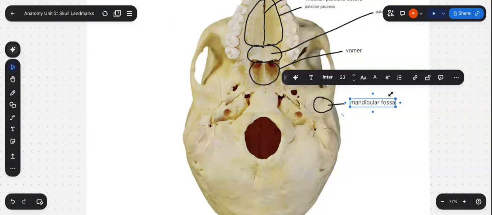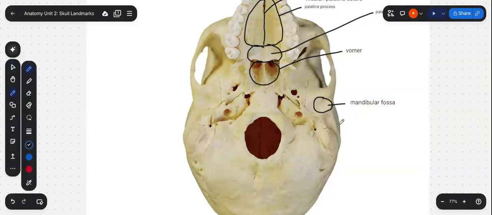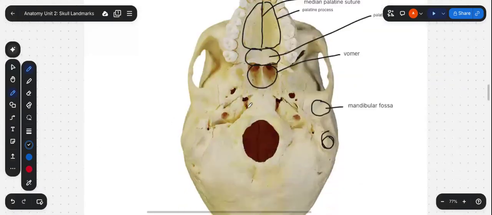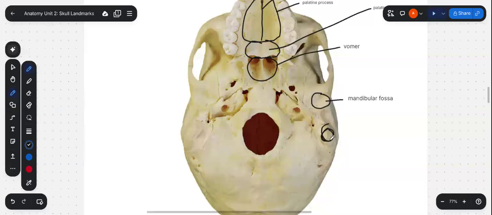Okay. Then you have the mastoid process again. It's this little projection of bone that is popping out. Same as over here. That is also your mastoid process, but now we're just looking at it from an inferior view. Mastoid process.